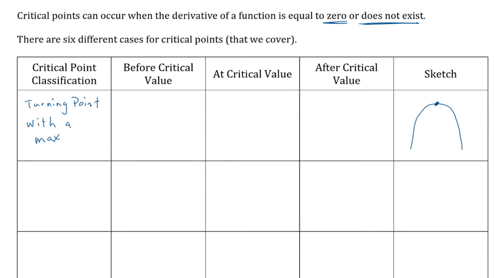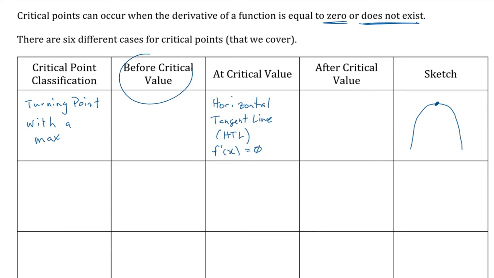Well, we call this a horizontal tangent line. Horizontal tangent line. We're going to short form that from now on, and the derivative equals 0, right? Horizontal tangent line is where the derivative equals 0.